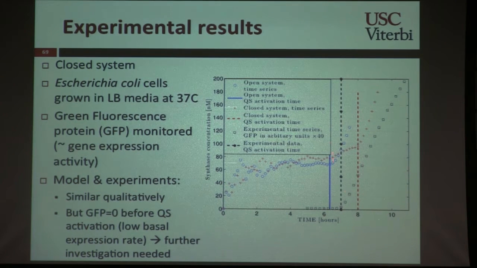What we see is that quorum sensing is induced sooner than would be predicted by our model. So the key thing that you want to see here is that the red and the black don't jive very well. Both for closed systems? Yes, both for closed systems.